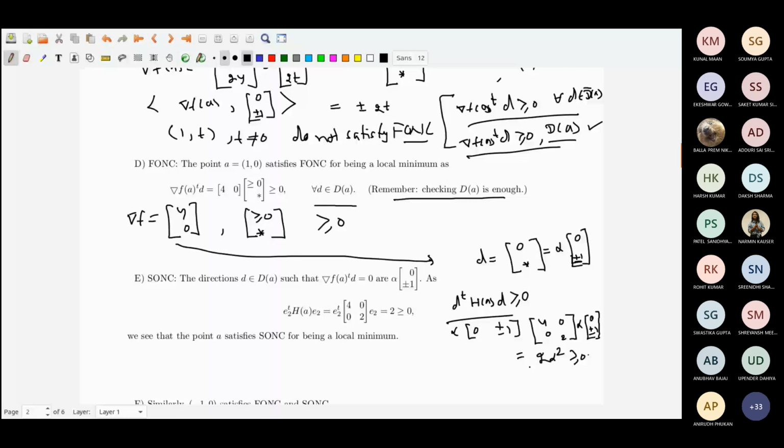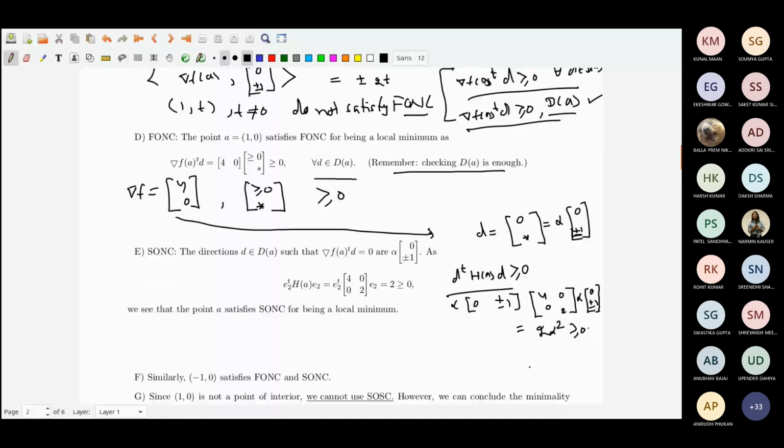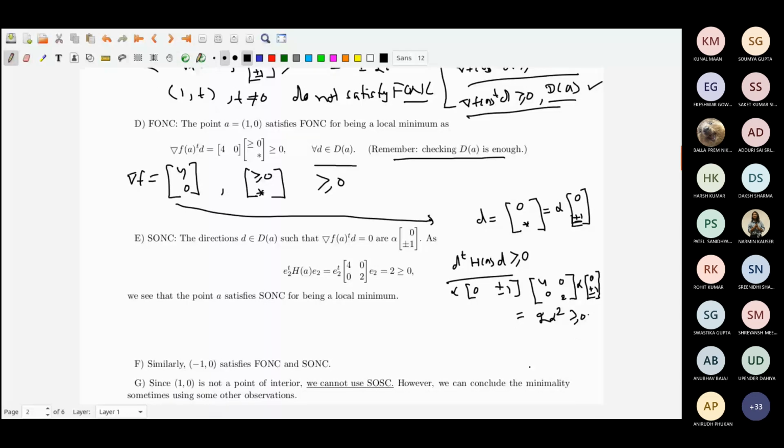And then what do I do? In a similar way, you can see that minus 1 0 will also satisfy FONC and SONC. But can you conclude that this is a point of minimum? The answer is no, because SOSC is only given for a point of interior.